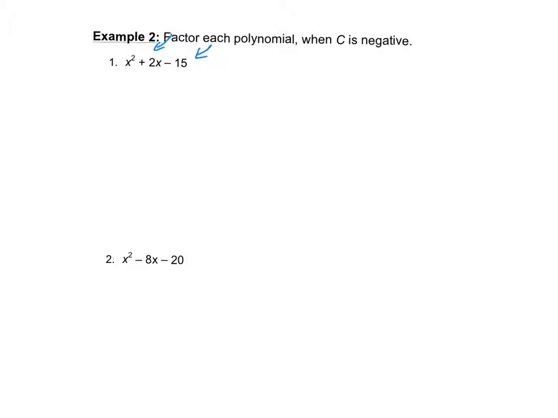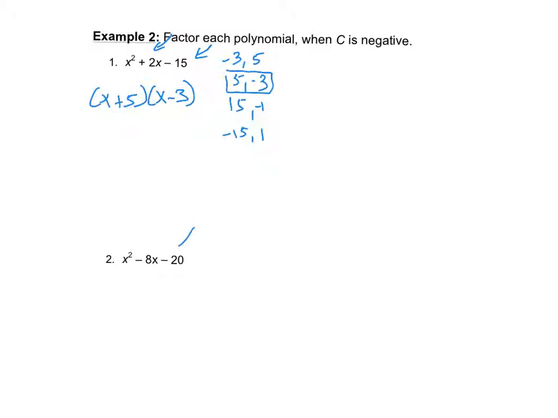So all my things that multiply to negative 15. One of them is going to have to be negative. So it could be negative 3 and 5, or 5 and negative 3. It could be 15 and 1, 15 and negative 1, or negative 15 and 1. We need one of these to add to positive 2, and it's 5 and negative 3. So that means x plus 5 and x minus 3.